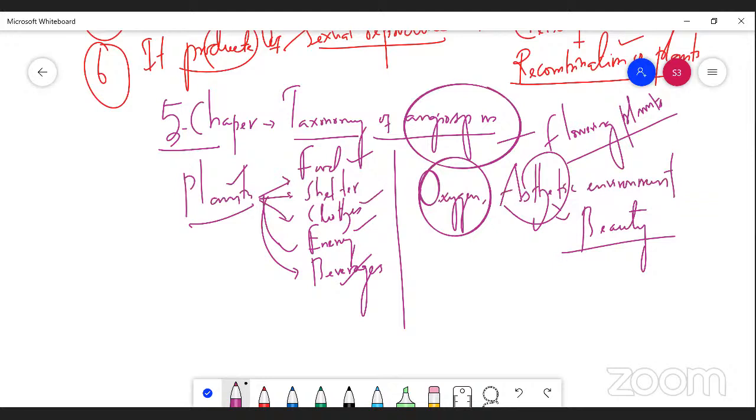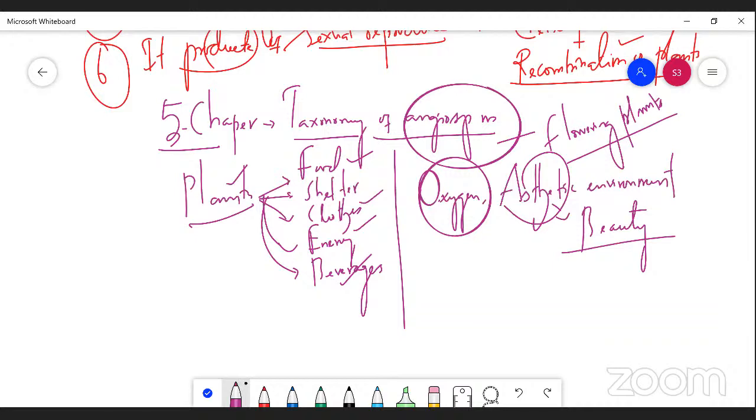The taxonomic arrangement is not restricted only to living organisms. So you know what I'm telling? Classification is not only for living organisms, it extends to some other fields also. Where can it be extended?